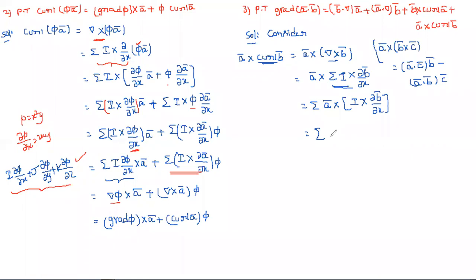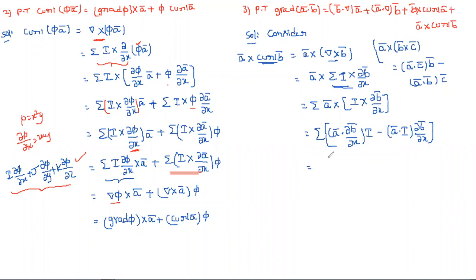Simply applying this formula, what will we get? a bar dot dou b bar by dou x into i, minus, throughout with summation, a bar dot i into dou b bar by dou x. Simply I applied the formula a bar dot c bar into b bar minus a bar dot b bar into c bar.